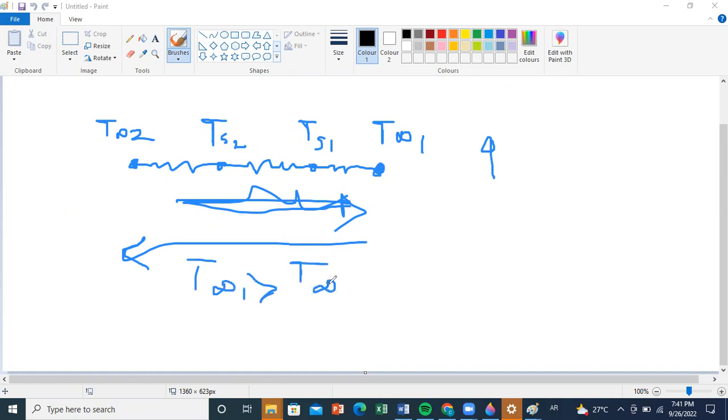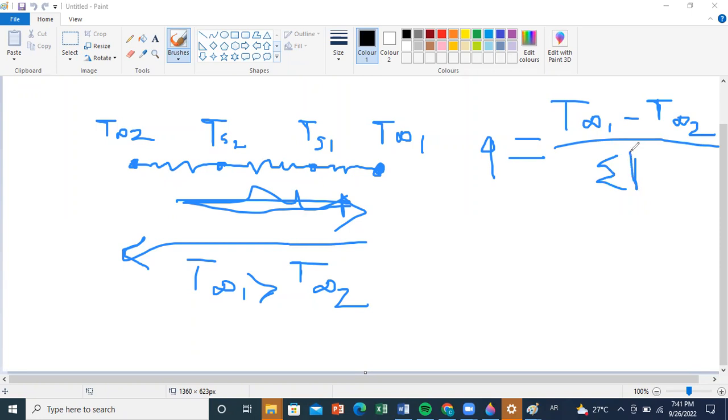You just say that Q, which will move through your system, is equal to T infinity 1 minus T infinity 2 over the total equivalent resistance of your system. So sum of R, because you have here 3 resistances in series. So you do Q equals T infinity 1 minus T infinity 2. Now let us sum the resistances.